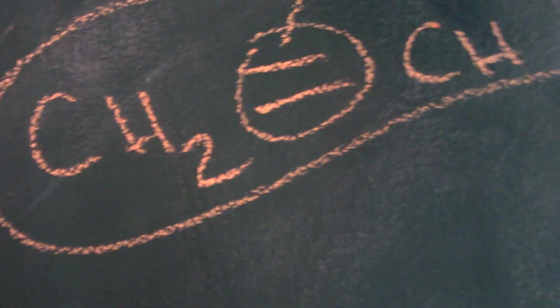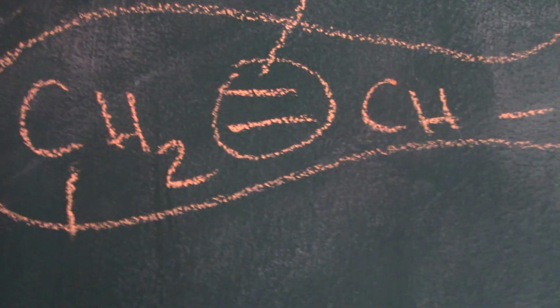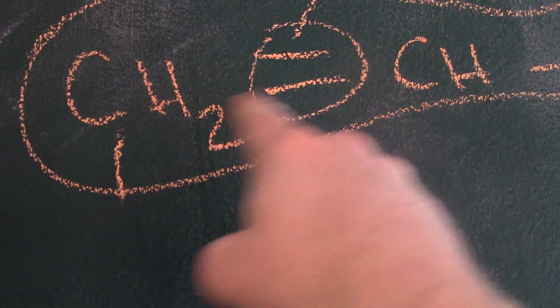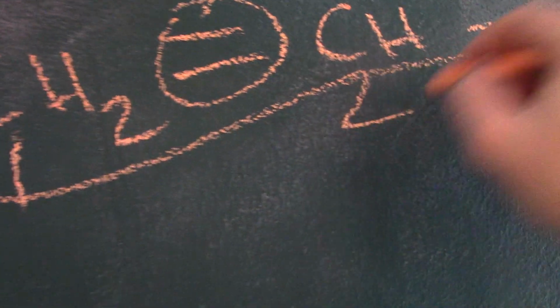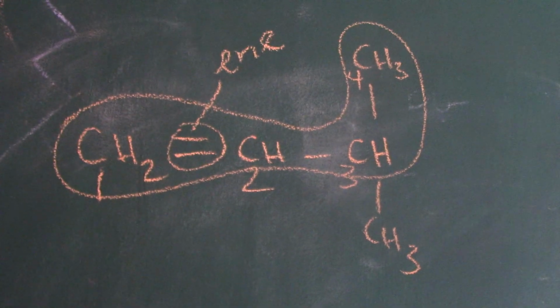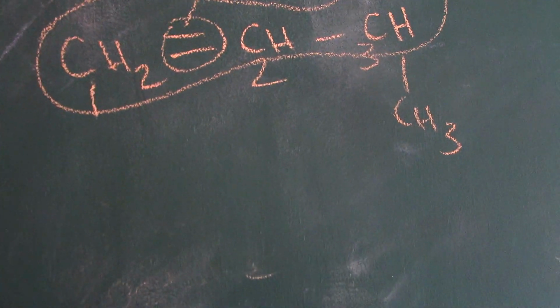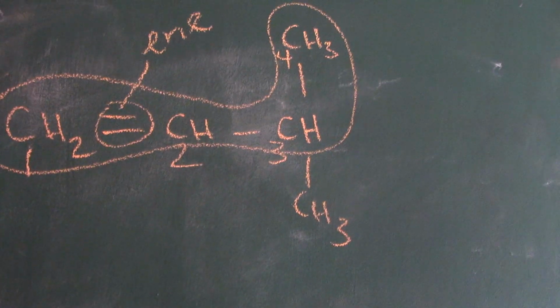So that's ene. And this is going to be carbon 1, again, because this carbon is closest to the double bond. So I have 4 carbons as my parent chain. So this is but-1-ene, and that's what my parent chain is.